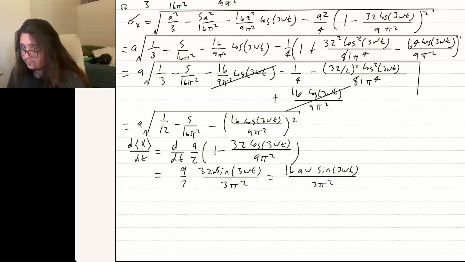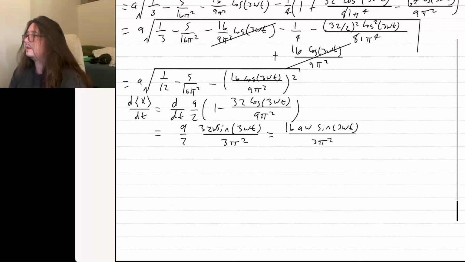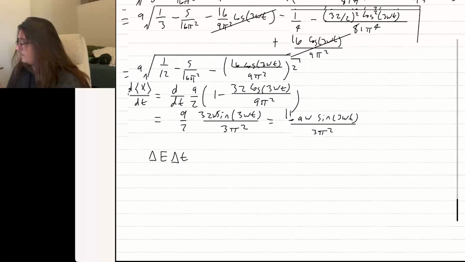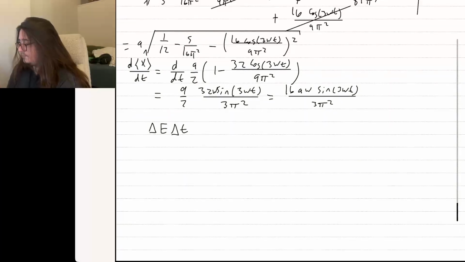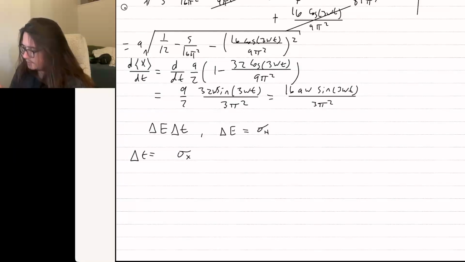Okay, we've got all the bits now of the calculation that Griffiths set us out on doing. Now the cool part: delta E delta T is what we're trying to prove. That is greater than h bar over 2. But delta E is just equal to sigma h, so we got that piece. Delta T is just sigma x over the time derivative of the expectation value of x.